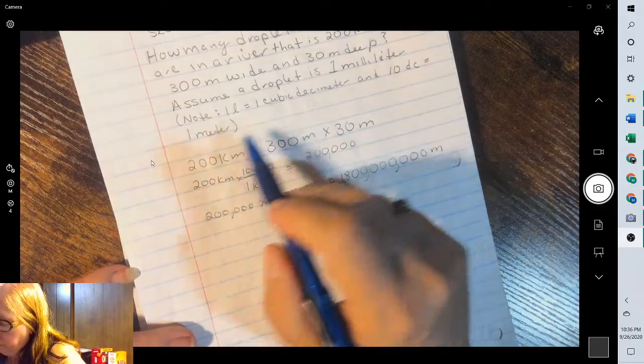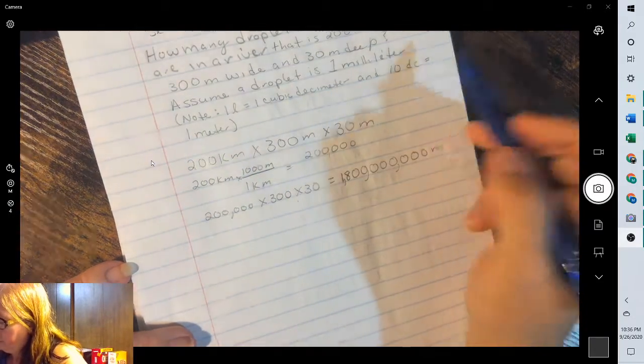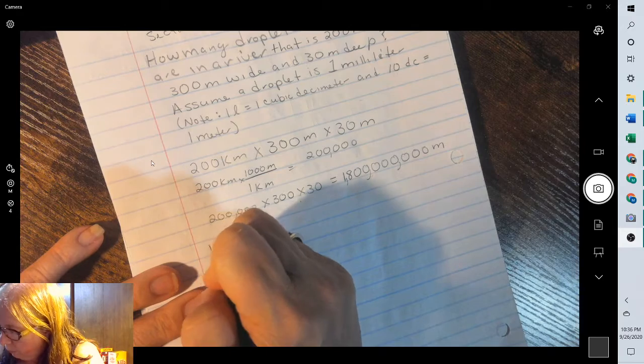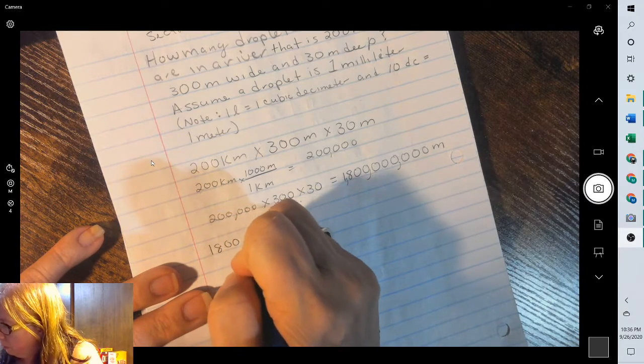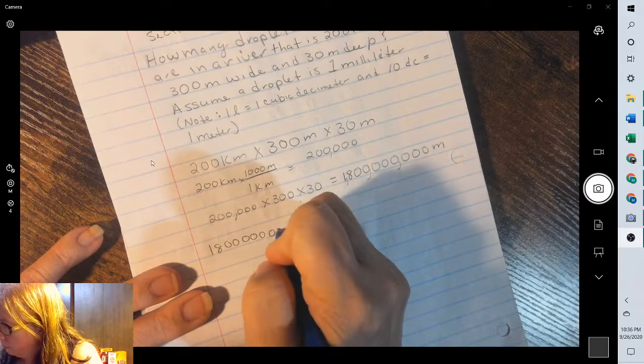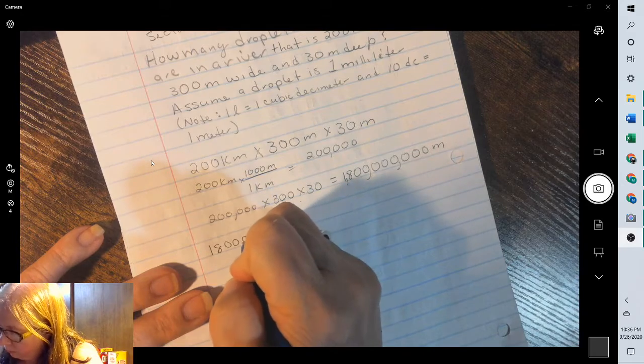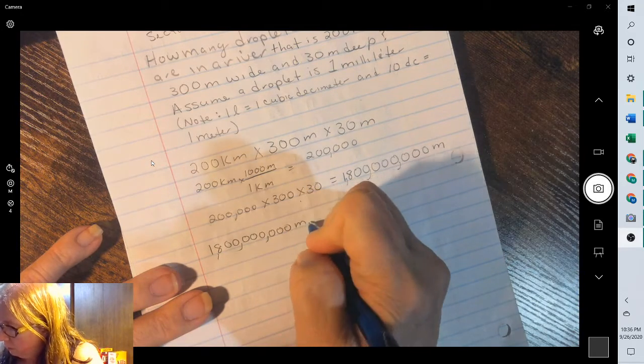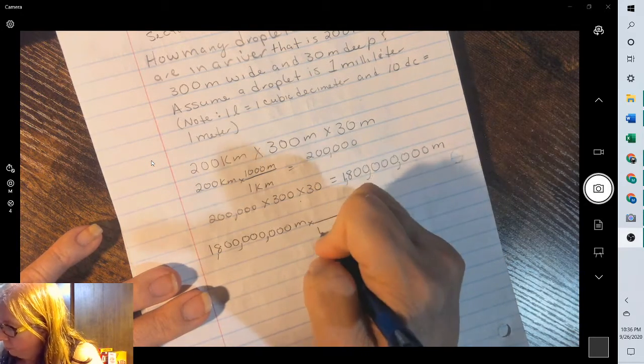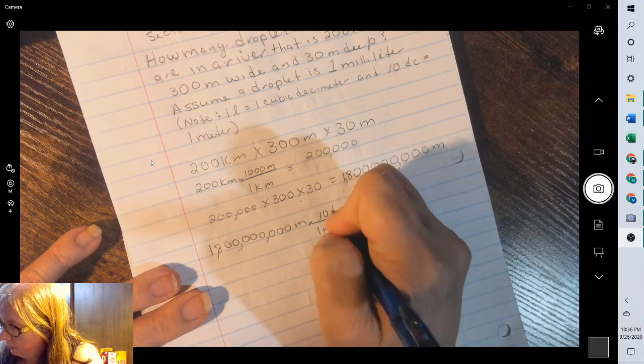Now, we know that 1 meter is 10 decimeters.